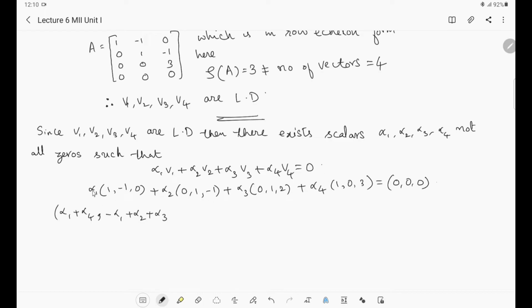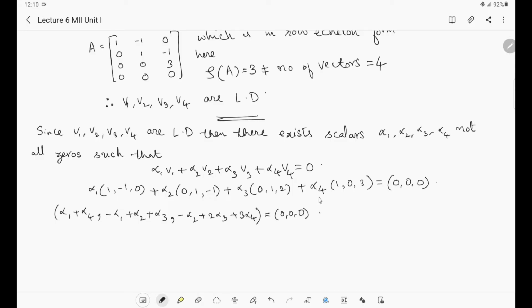Then the third coordinate: alpha 1 into 0 is 0, then alpha 2 into minus 1 is minus alpha 2, then alpha 3 into 2 is plus 2 alpha 3, then alpha 4 into 3 is plus 3 alpha 4. This will be equal to (0, 0, 0), right?